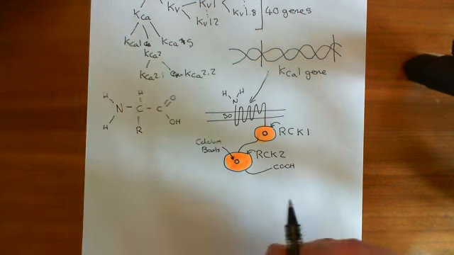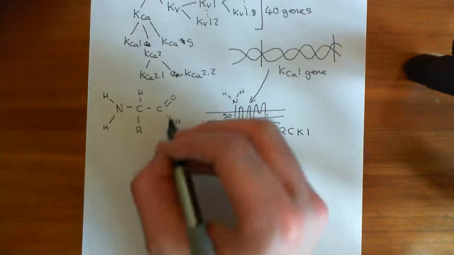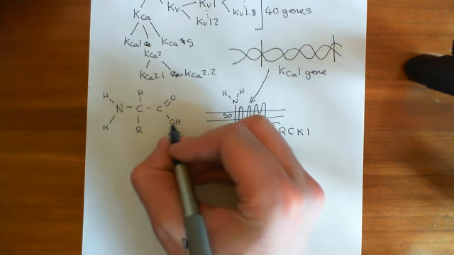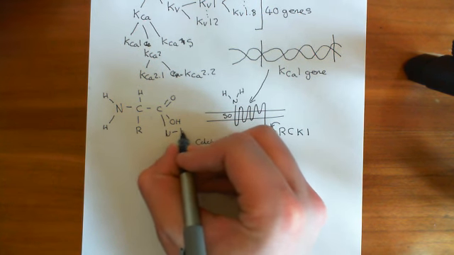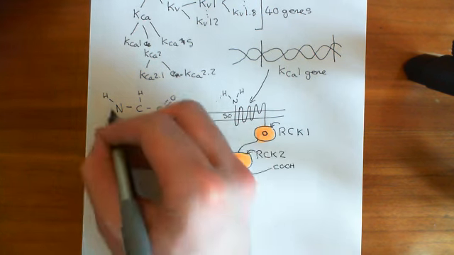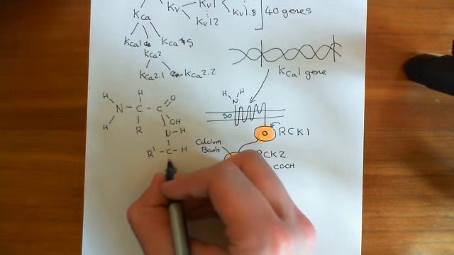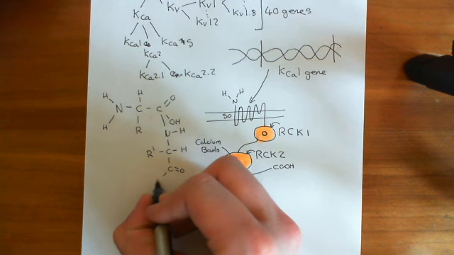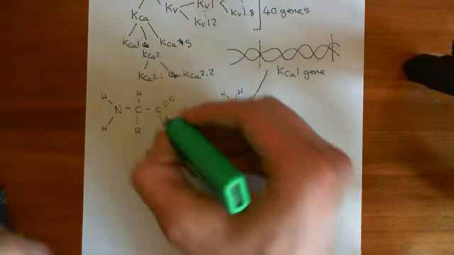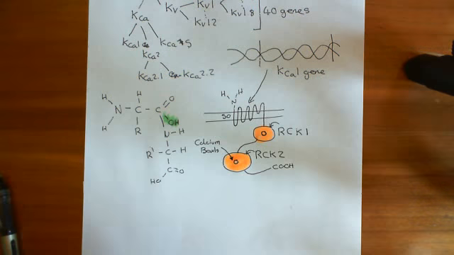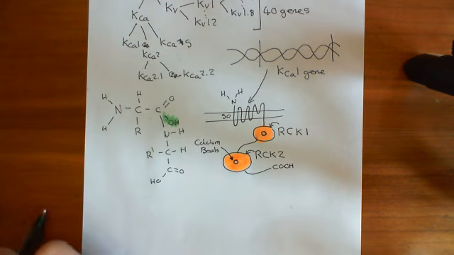Now, if you want to bind this to another amino acid to start making a polypeptide, you take off this hydroxyl group, bind this carbon to a nitrogen here, and then you have a second amino acid that's going to go here. So you have CH, then another R group, which I'll call R prime, and then another carboxyl group there. Okay, so this hydroxyl group has come off here, so I'll cross that out. And basically this is another amino acid structure here with one of these hydrogens removed.